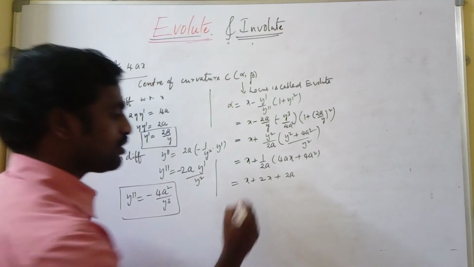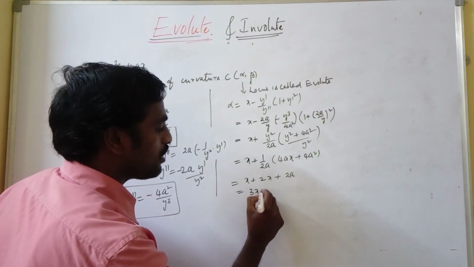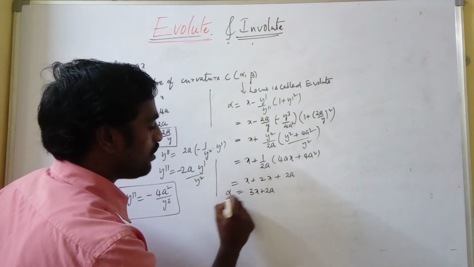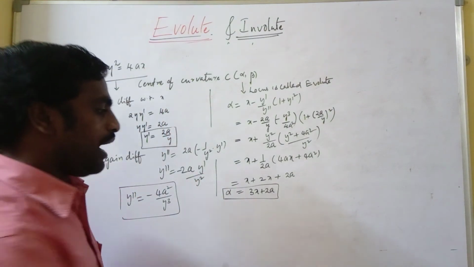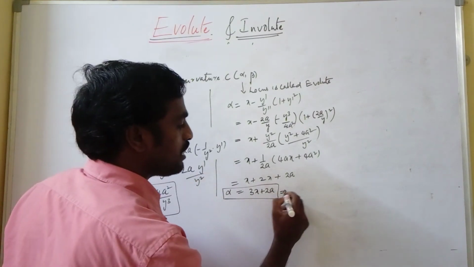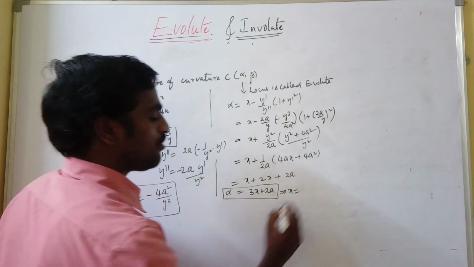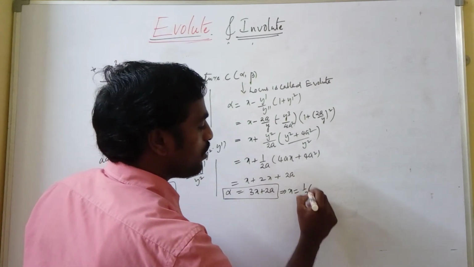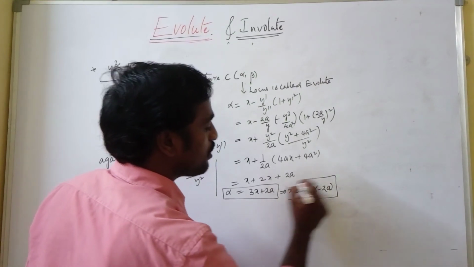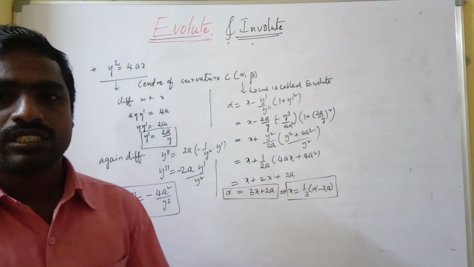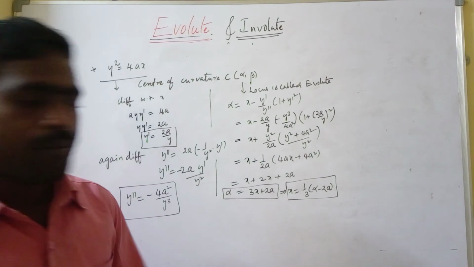After simplification alpha is equal to 3x plus 2a. I need only x, so from this equation x is equal to 1 by 3 into alpha minus 2a. Next, in the same way, you can determine the beta value.